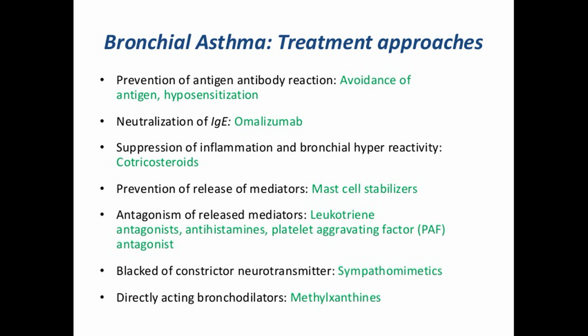At every visit, adherence, environmental control, and comorbid conditions should be checked. If the patient has good control of their asthma for at least 3 months, treatment can be stepped down. However, the patient should be reassessed in 2 to 4 weeks to make sure that control is maintained with the new treatment.